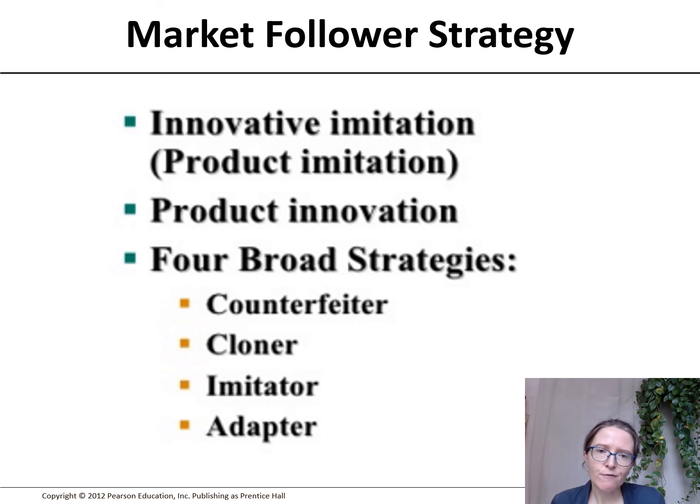In terms of a market follower strategy, this could be innovative imitation or product imitation, or product innovation, or for more broad strategies such as being a counterfeiter, a cloner, an imitator, or an adapter.